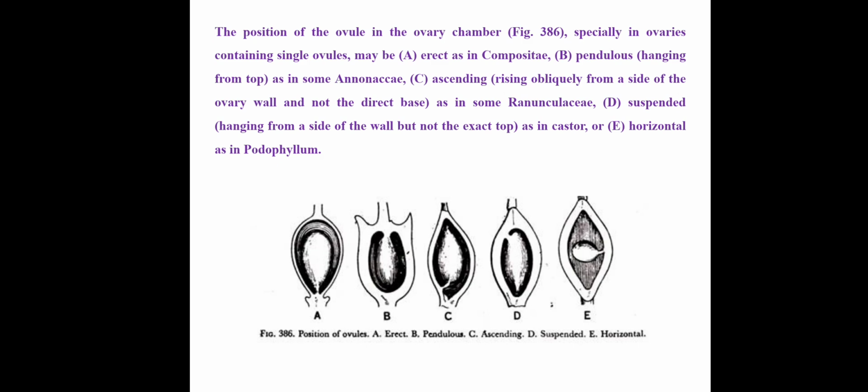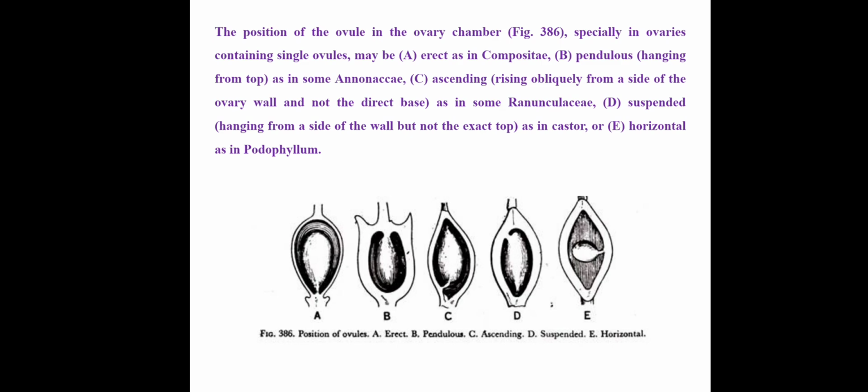Then third, ascending, rising obliquely from the side of the ovary wall and not the direct base, as in some Ranunculaceae members. The fourth, suspended, hanging from the side of the wall but not the exact top, as in castor. The fifth, horizontal, as in Podophyllum.